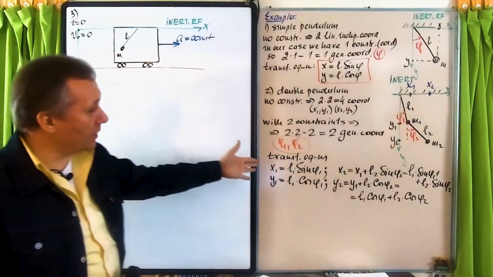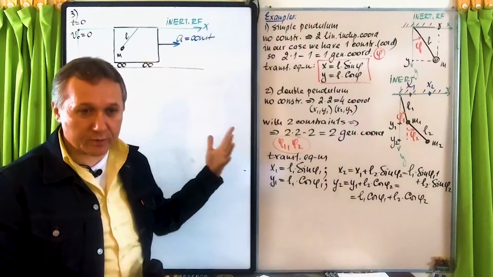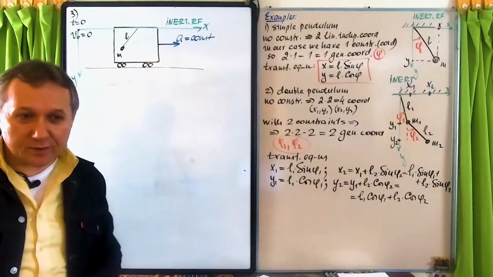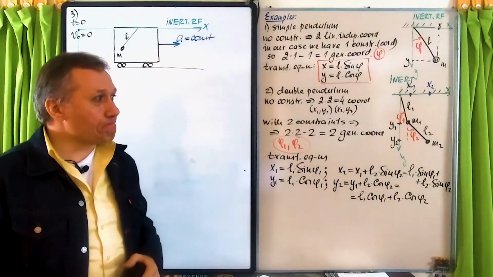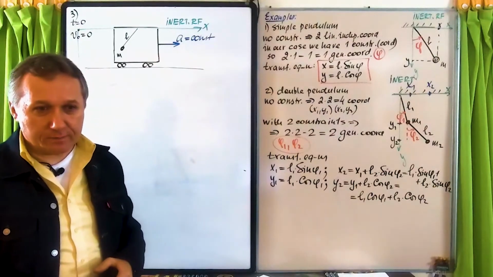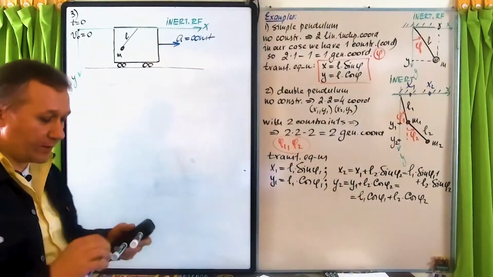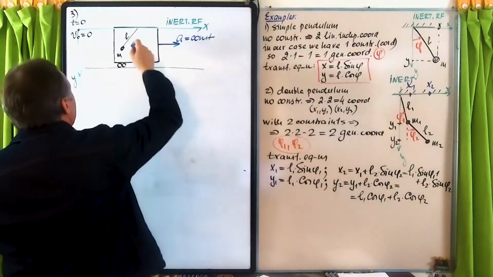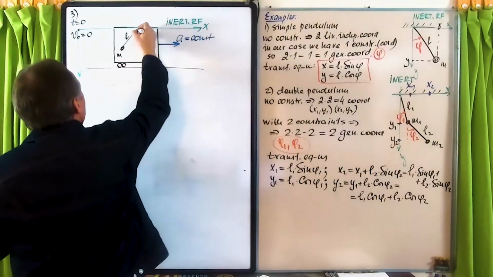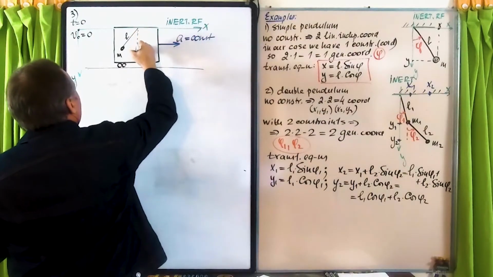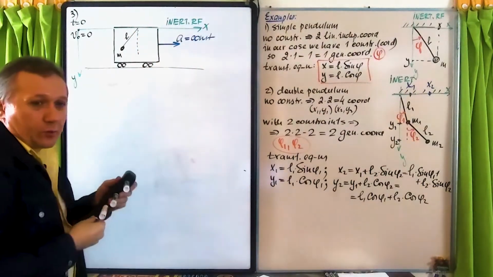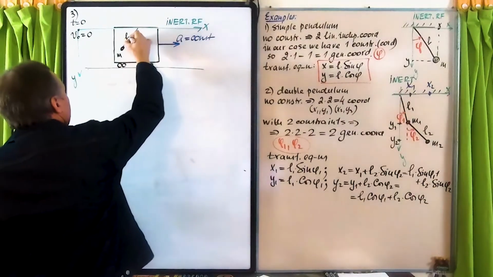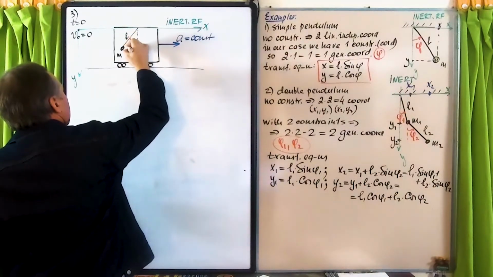Basically, we just need to write the transformation equation, coordinates of this particle through the generalized coordinates. And the best generalized coordinate over here, let me draw this vertical line, is this angle, phi.